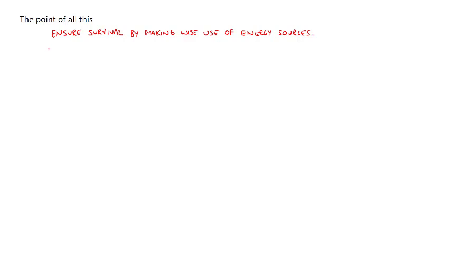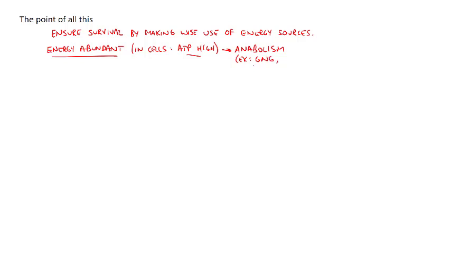If we are in a situation where energy is abundant, okay, and that means that in cells, ATP levels are high. If your ATP stores are high, there's no point in doing catabolism. So we do anabolic processes. So for example, gluconeogenesis or fatty acid synthesis, which we haven't talked about.